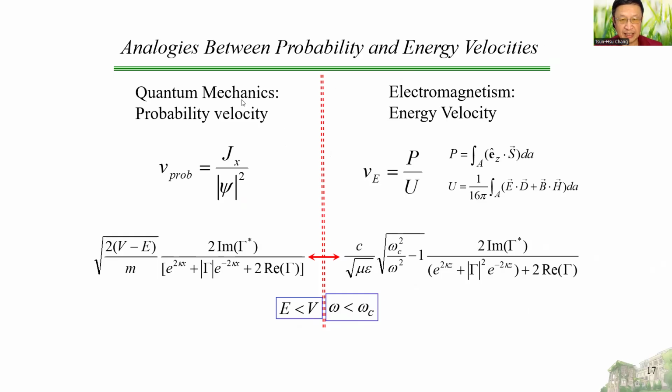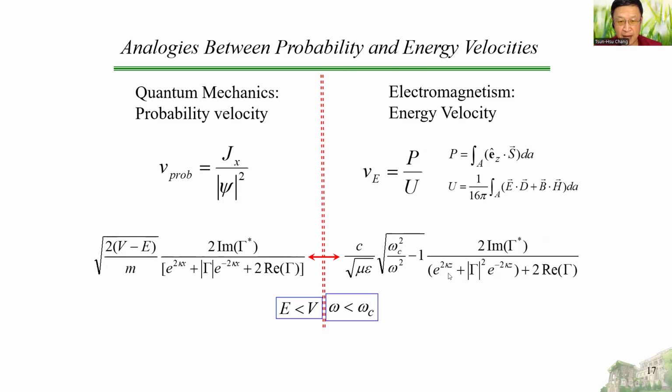Probability and energy velocity. For quantum mechanics, probability velocity is defined as the J flux divided by the wave number squared. And for electromagnetics, energy velocity is defined as the Poynting vector divided by energy density. Okay, so the result will be this part, the same.